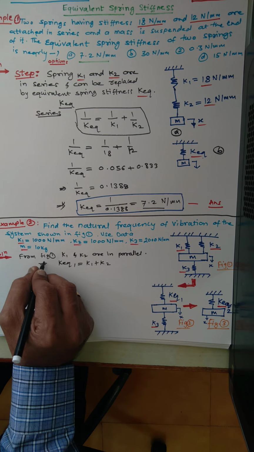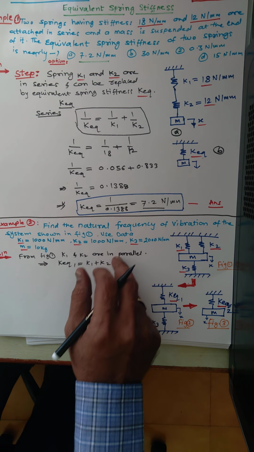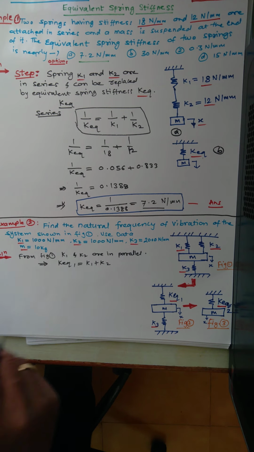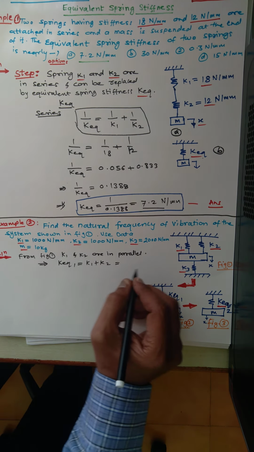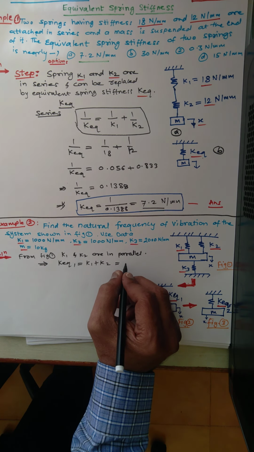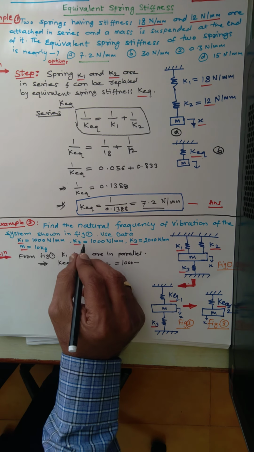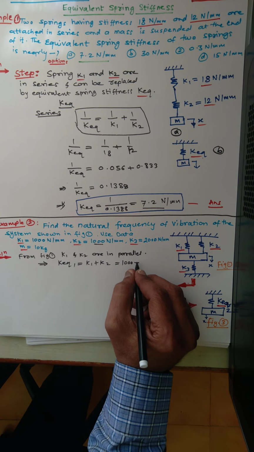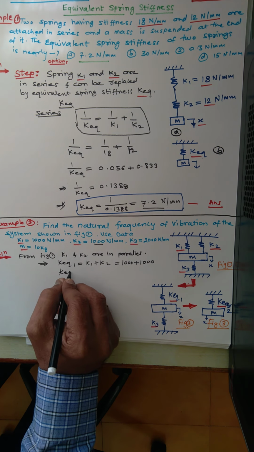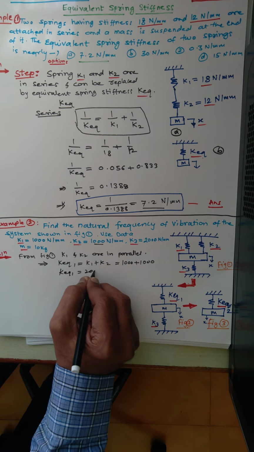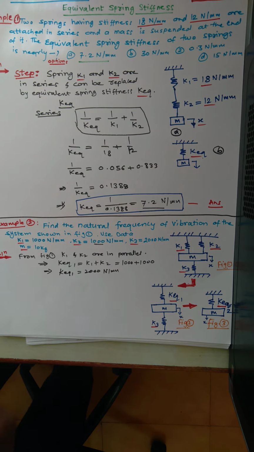Here the value of K1 is 1000 and the value of K2 is 1000, and the addition of these two becomes 2000. So K equivalent becomes 2000 Newton per millimeter.